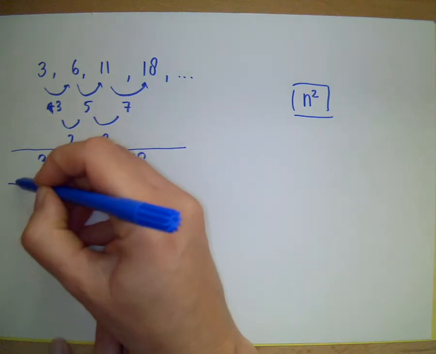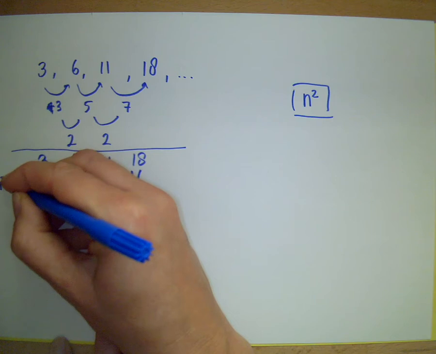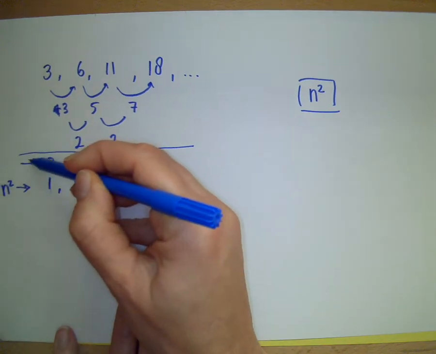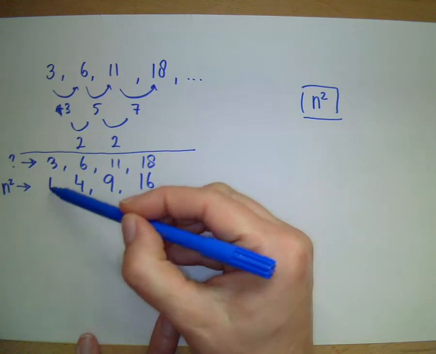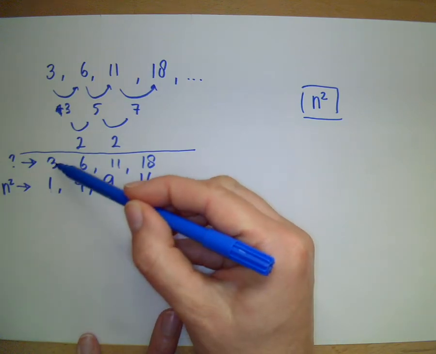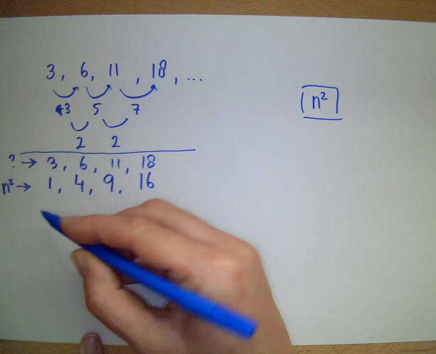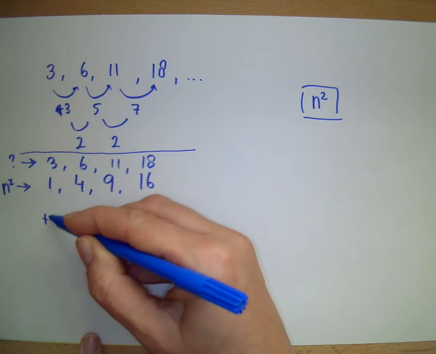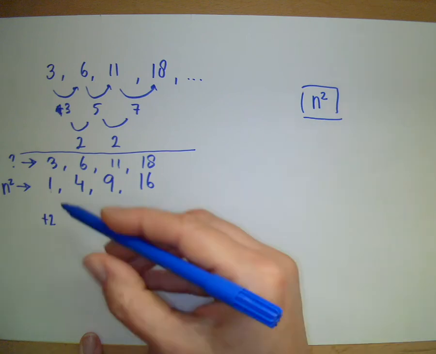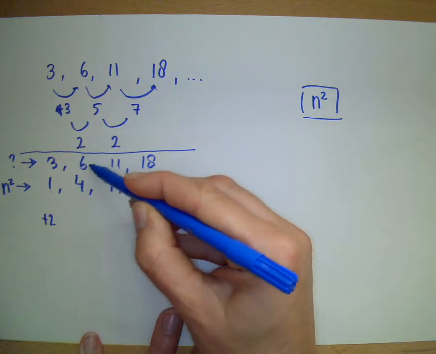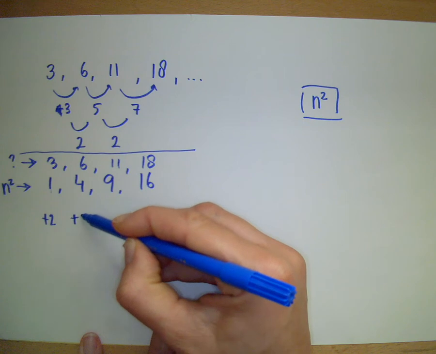This is n squared. This is our sequence that we're dealing with. Here, the first term of our sequence is 2 more than the n squared sequence. Here, our term 6 is 2 more.